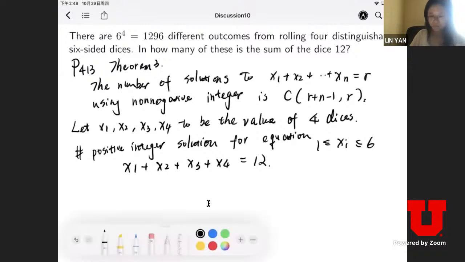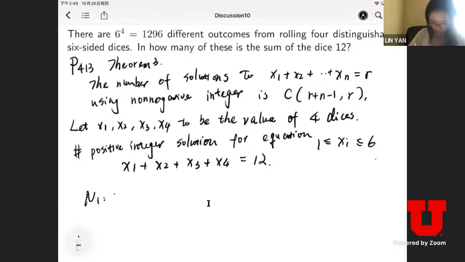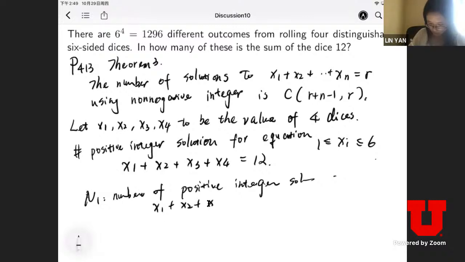I see your answer: a plus b plus c plus d is equal to 8. That is a very good point. That means we can divide it into two cases. The first case, n1, is the number of positive integer solutions for x1 plus x2 plus x3 plus x4 is equal to 12.